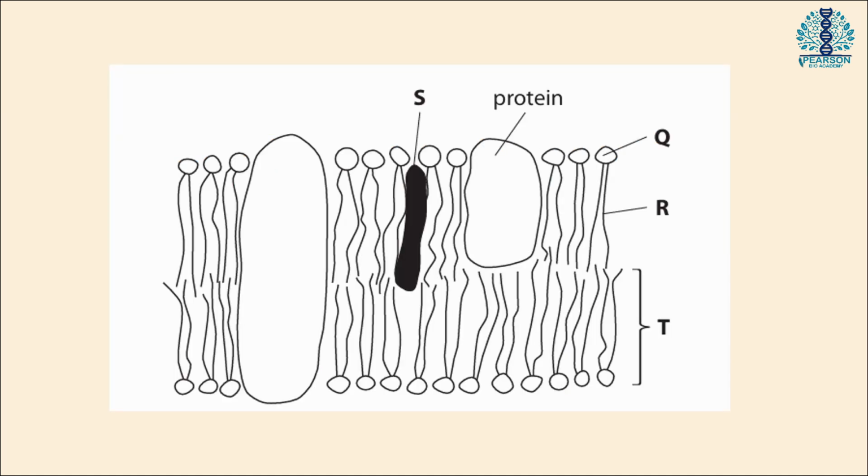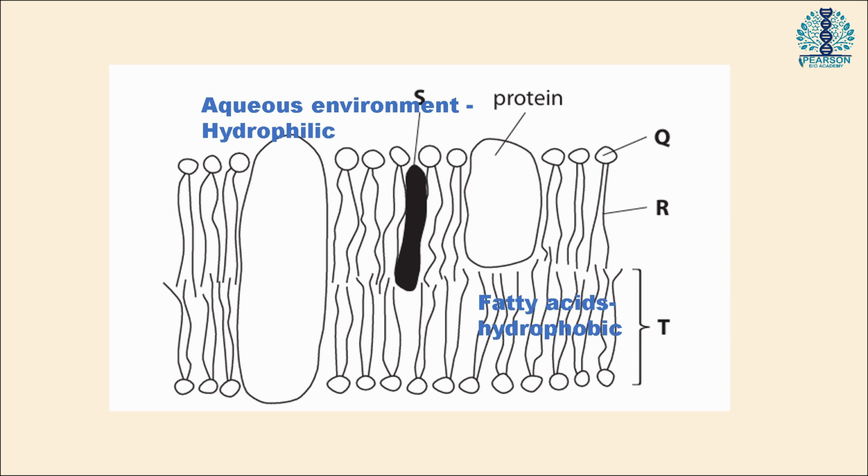So let's get back to the diagram. In this diagram, you can see the protein, half of it embedded within the fatty acid tails, and the other part exposed to the aqueous environment of the cell, or possibly the outer part. The key idea here is that the aqueous environment is hydrophilic, while the fatty acid region is hydrophobic.